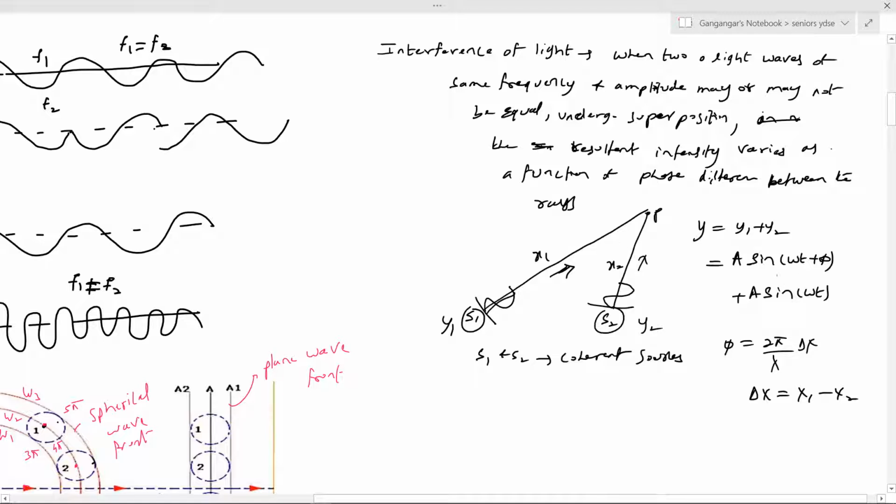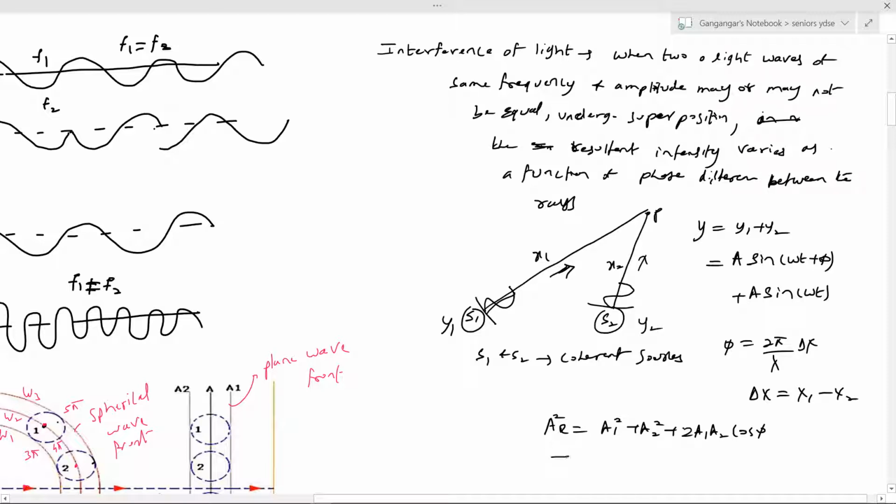Let me assume wave 1 has a phase angle of phi at point P relative to wave 2. From vector addition, the resultant amplitude is given by AR squared equals A1 squared plus A2 squared plus 2A1A2 cos phi, where phi is the phase angle between them.